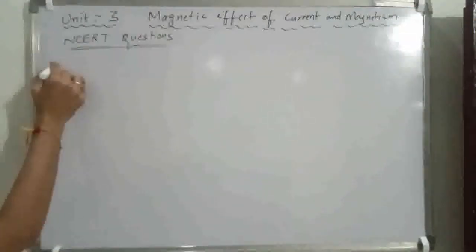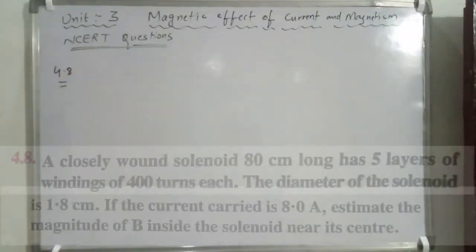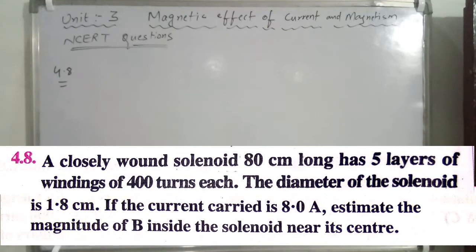Okay, now the next is 4.8 and the numerical is: a closely wound solenoid 80 centimeter long has 5 layers of windings of 400 turns each. So student, what is given?